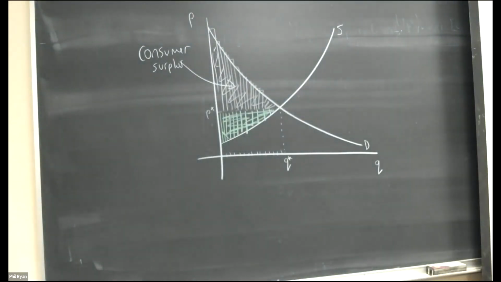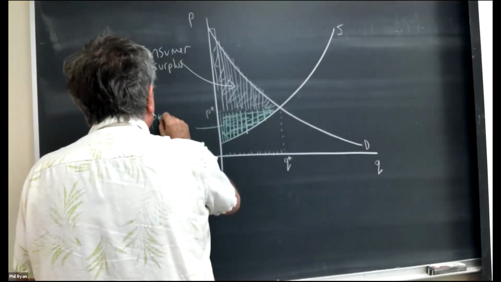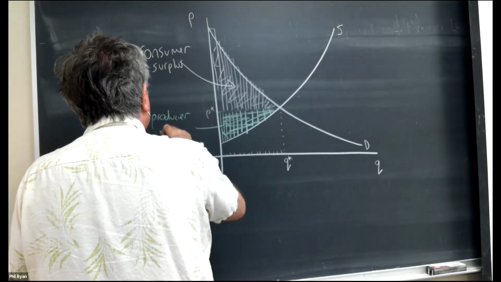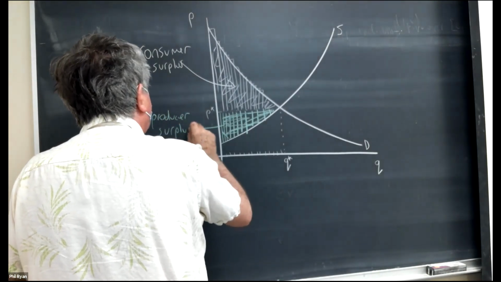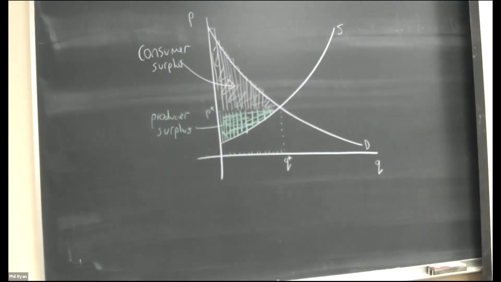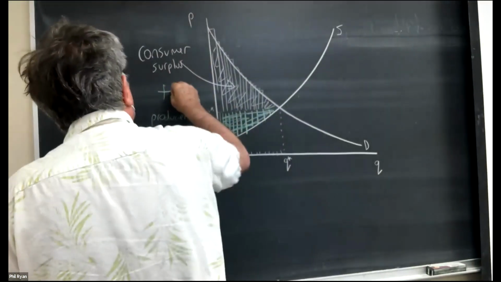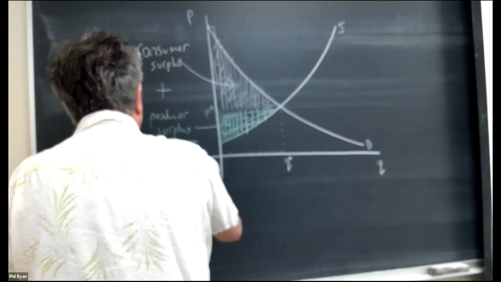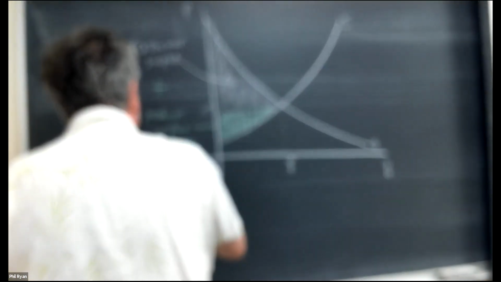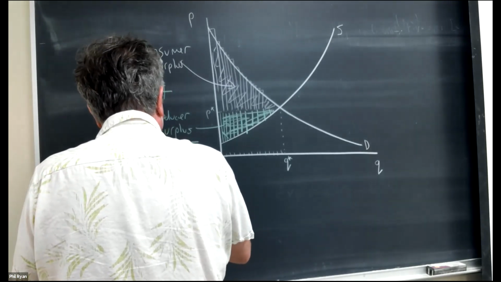Again, it's an area, so again, it's an integral. And this is a surplus. Who gets that? Well, the producers get that. Okay, so all together, we have this total surplus from that price.